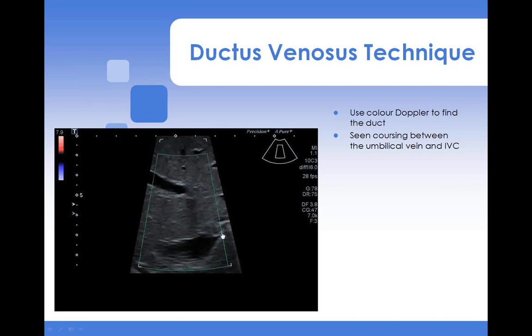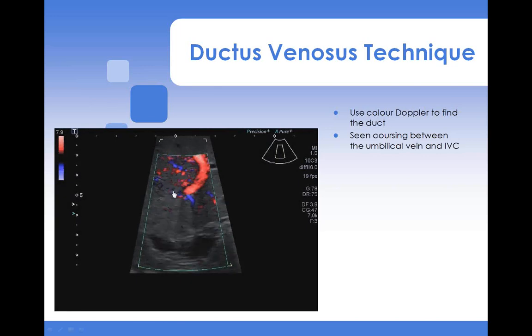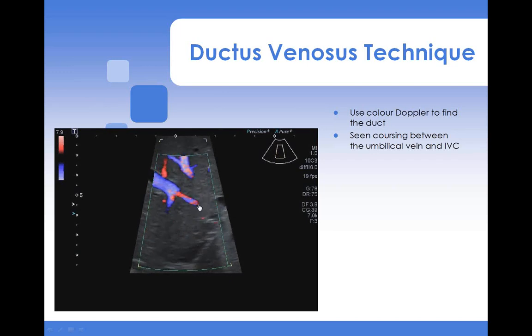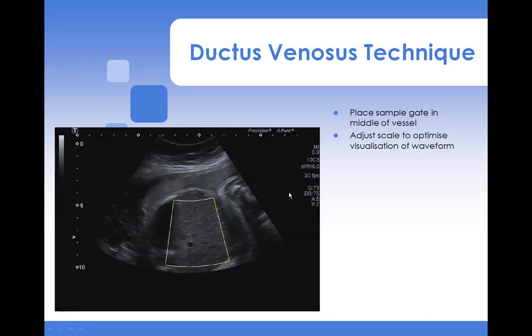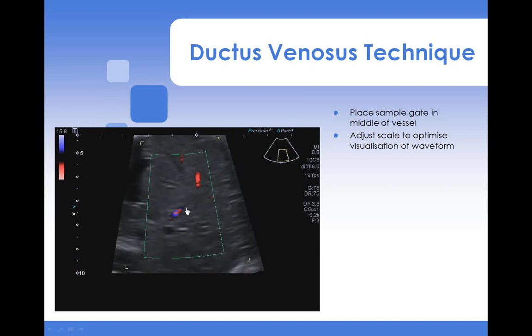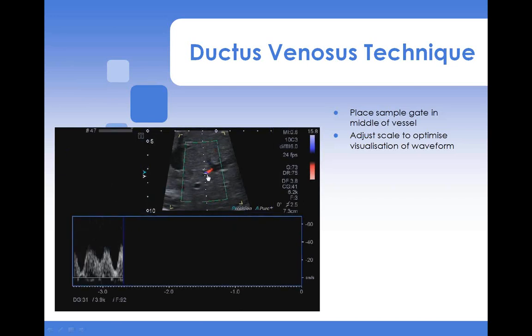So we put color on, and we're able to see the umbilical vein turning in there, and this is the ductus, so between the umbilical vein and the IVC. And this video is from beginning to end, so using zoom first, color Doppler, pulse wave, gate, and then the trace.